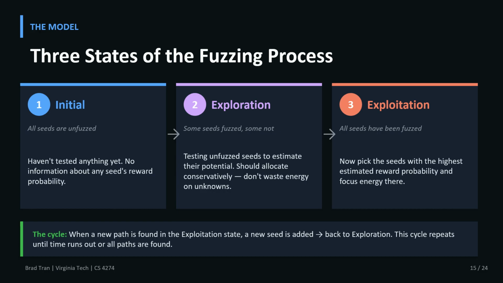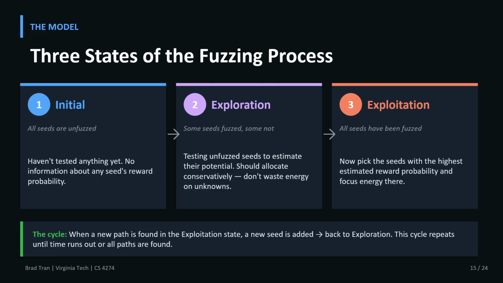Based on the VA-MAB model, the authors classify the fuzzing process into 3 states depending on how much information is available about the seeds. The initial state is before any fuzzing even begins. No seeds have been tested, so that means there's no information about reward probabilities. The only option is to actually start testing.